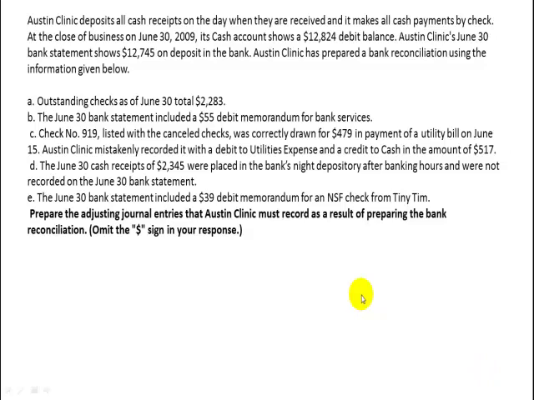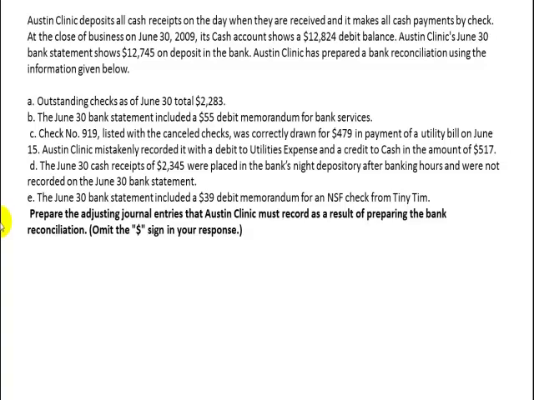In this exercise, it assumes that we have already done a bank reconciliation, I believe. But the whole point of this exercise is that when you do a bank reconciliation, all these items that you're trying to reconcile, if you don't do adjusting entries on your books, then you might as well not even do a bank reconciliation.